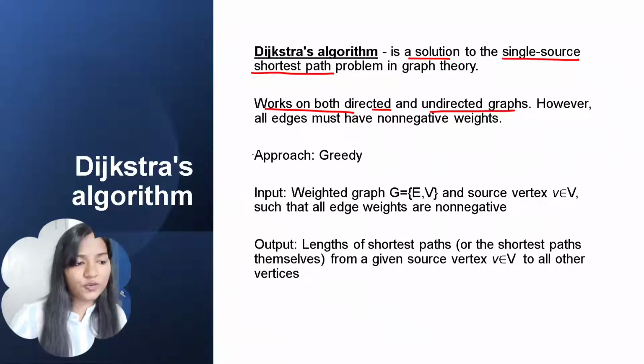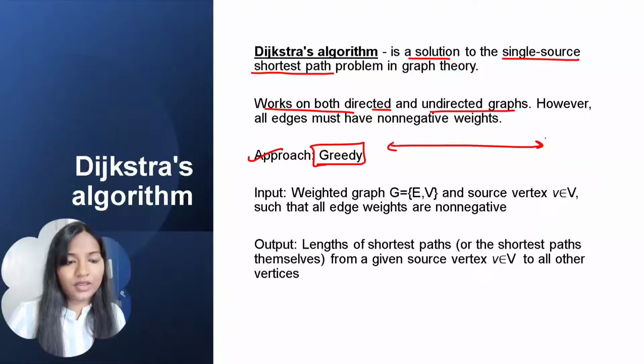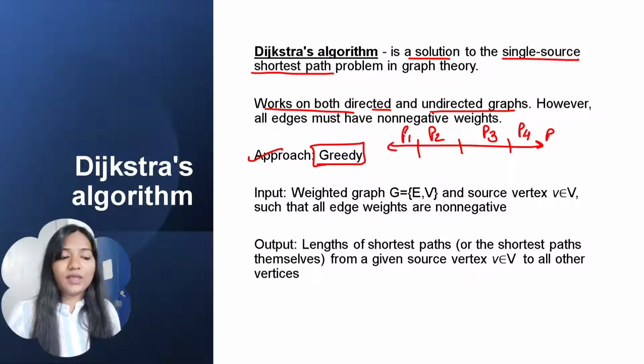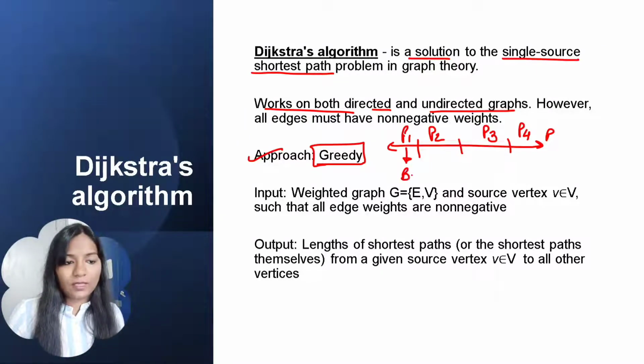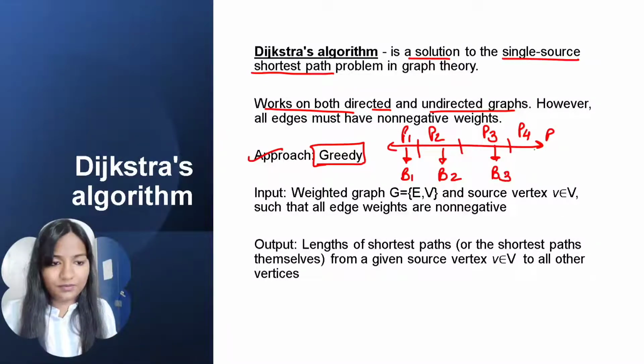Now, what kind of approach are we taking? We are taking a greedy approach. What the greedy approach says, for example, I have a problem. I will be dividing the problem into sub-problems, and I will be finding the best optimal solution for each subproblem so that together I get the best solution for my original problem.